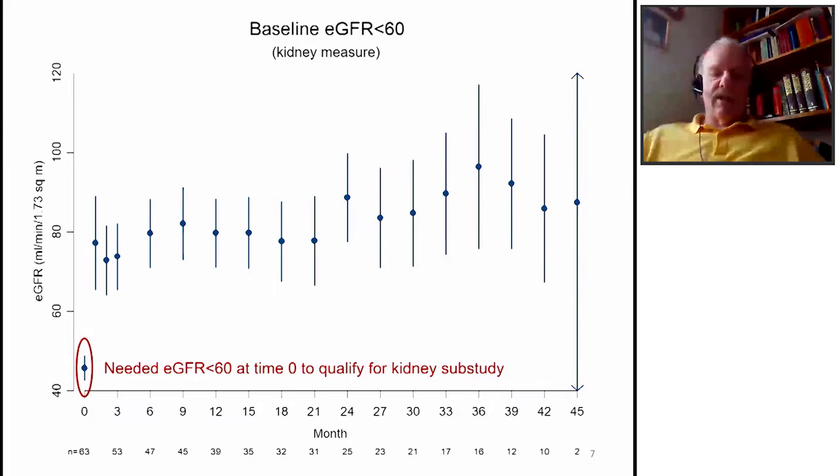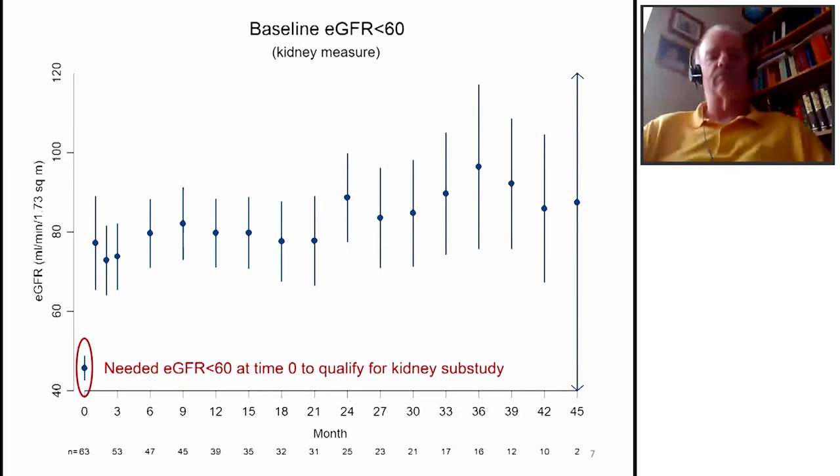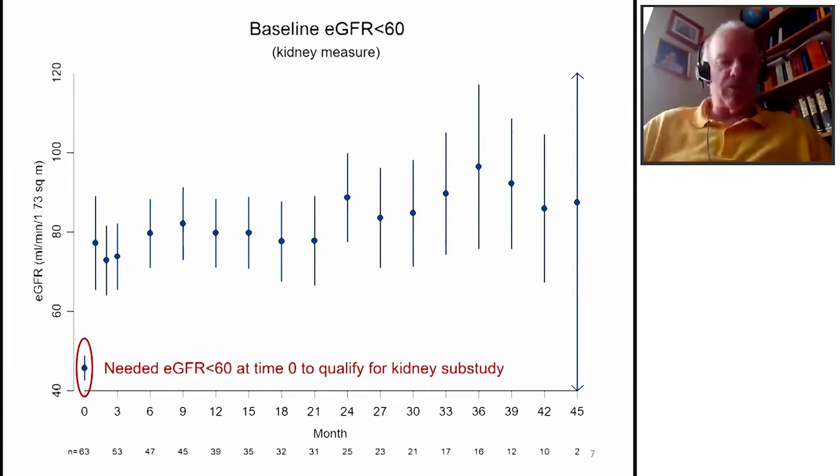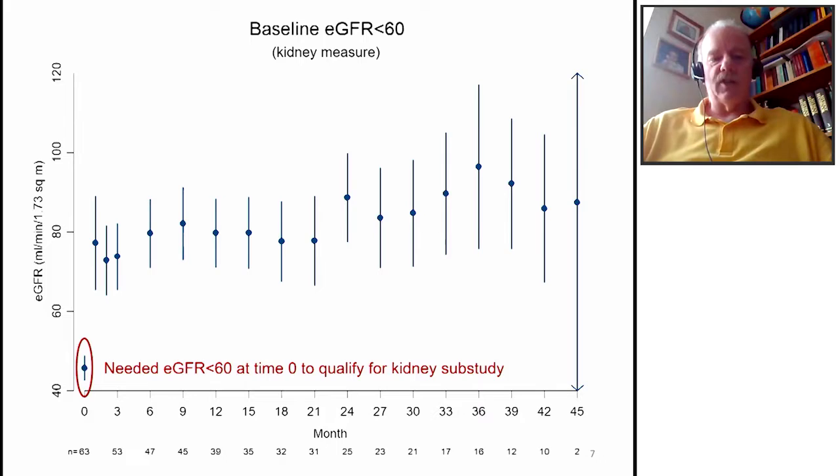And I'm going to give you a pretty cool example, I think, of regression to the mean in action. This is in a big study of about 1,700 people, and it was a randomized trial.